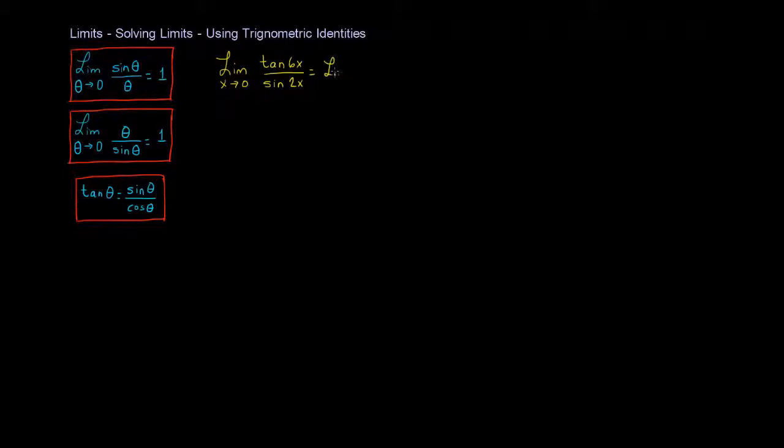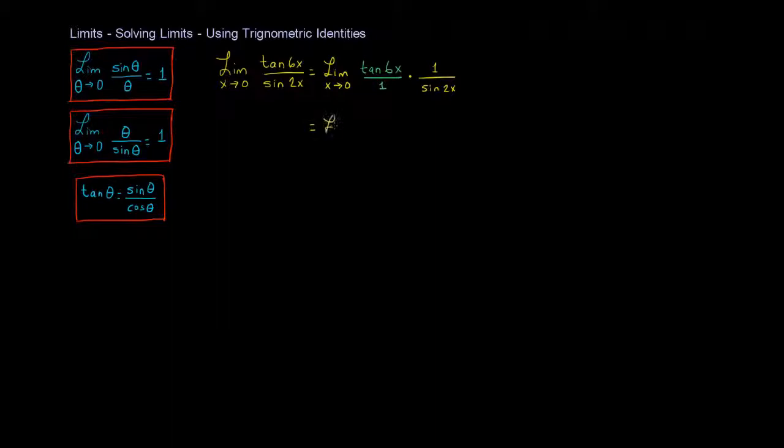So this will be the limit when x approaches 0, and I'm going to start by splitting these two terms. The first one, I'm going to write here, the tangent of 6 times x over 1 times 1 over sine of 2 times x. Now I'm using this splitting method just for being more ordered, so you can see clearly what I'm doing.